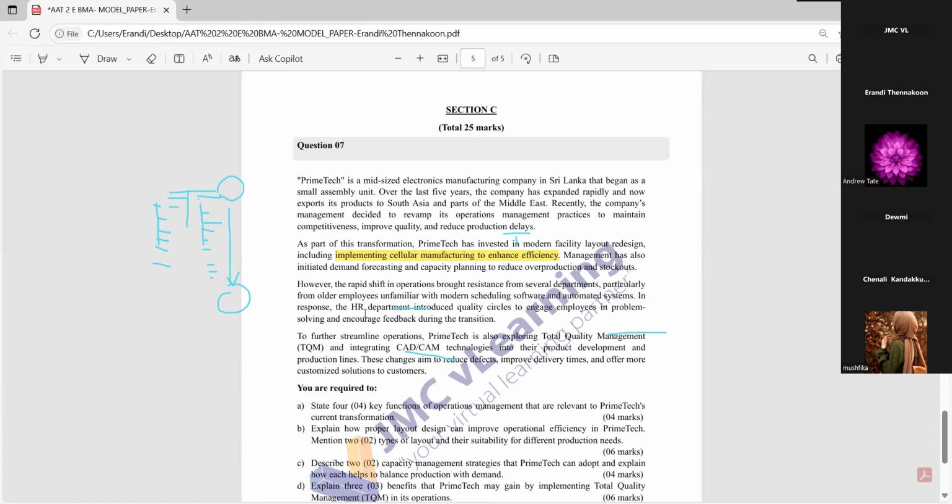In response, the HR department introduced quality circles to engage employees in problem solving and encourage feedback during the transition. To further streamline operations, PrimeTech is also exploring total quality management and integrating CAD/CAM technologies into their product development and product lines. These changes aim to reduce defects, improve delivery times, and offer more customized solutions to customers.